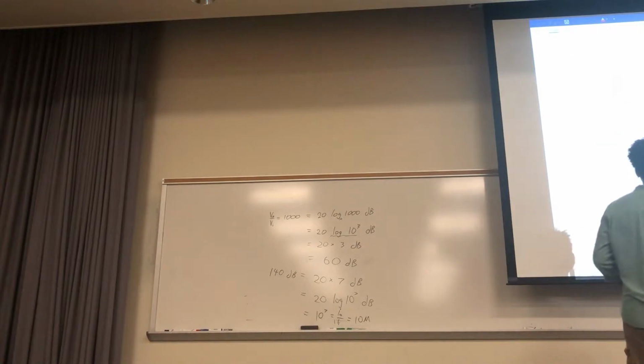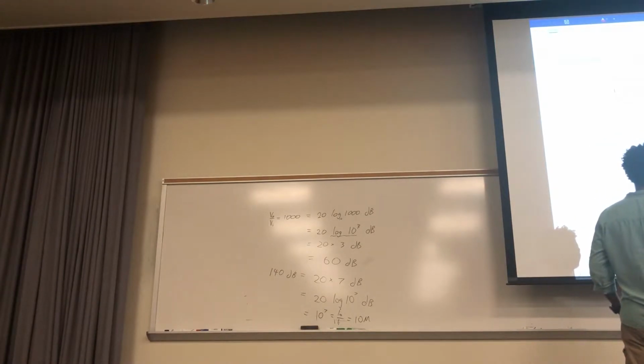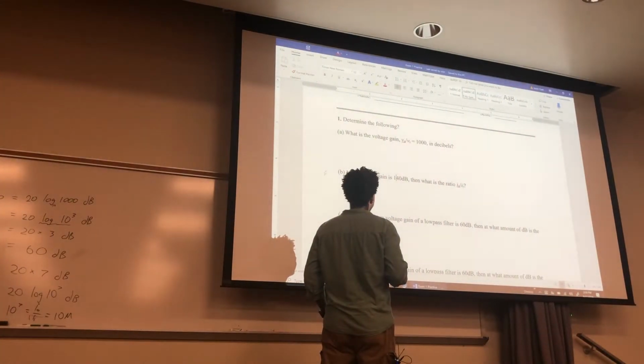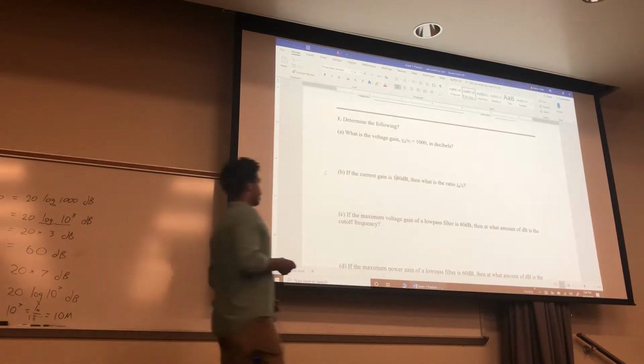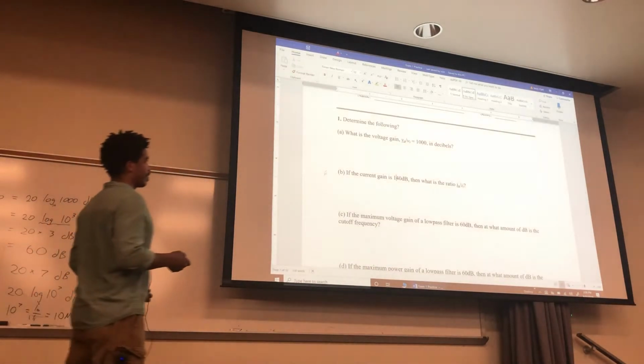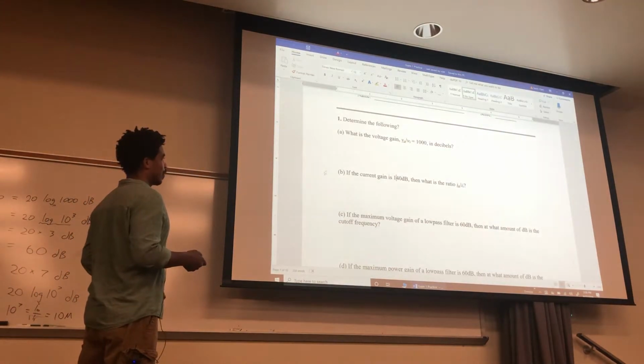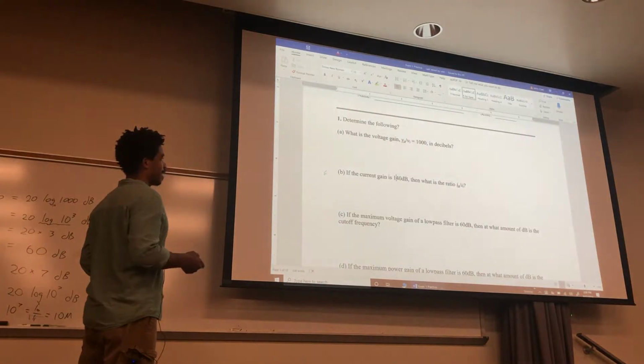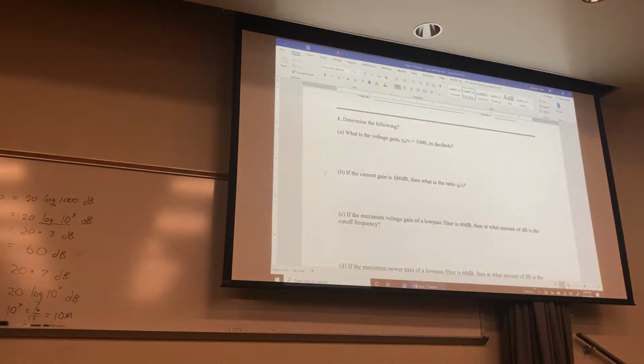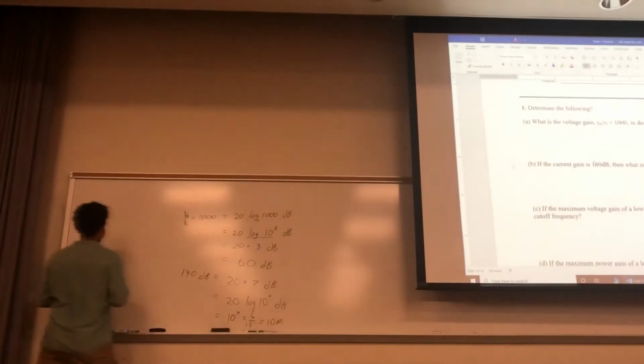All right, C. If the maximum voltage gain of a low-pass filter is 60 decibels, then what amount of decibels is the cutoff frequency? Okay, so that's the max right there. And so we know from that, how many decibels down is that? It's going to be 3.